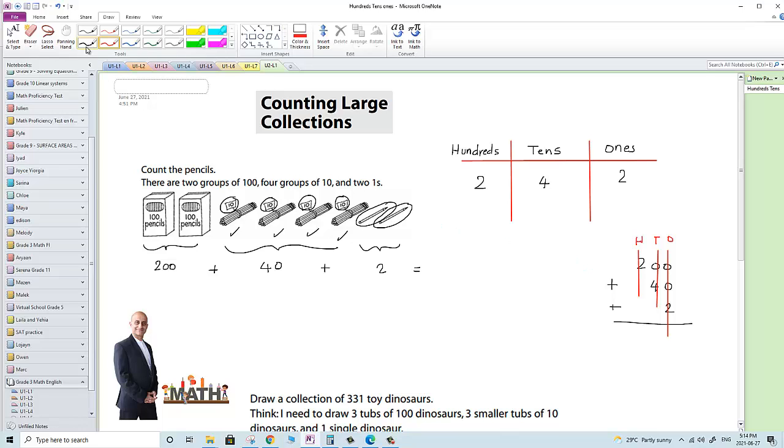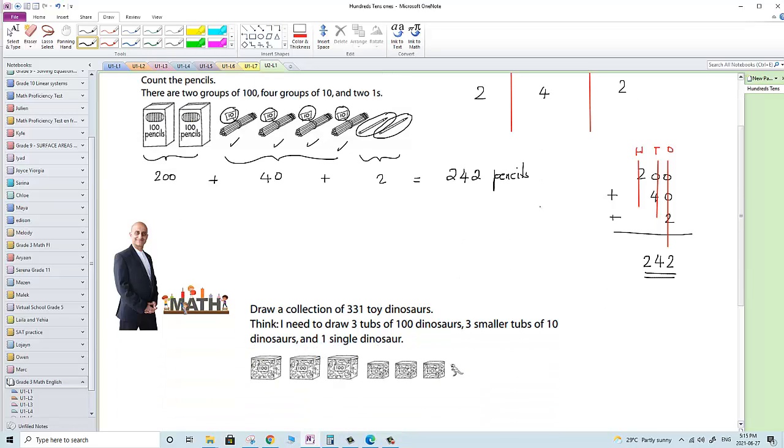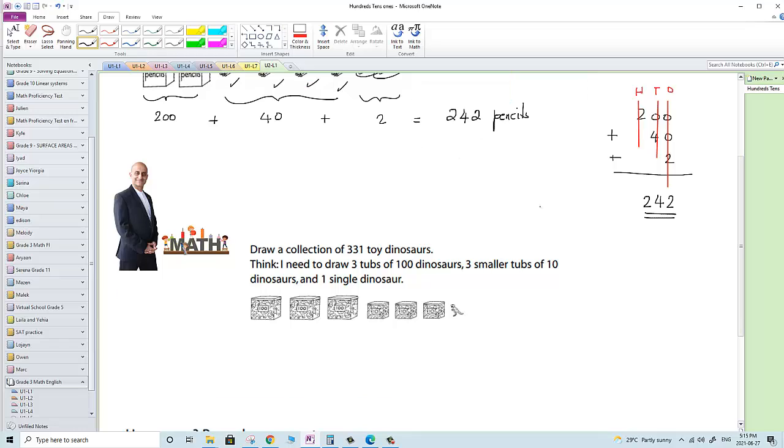So when I add now, 0 plus 0 plus 2 equals 2, 4 plus 0 equals 4, 2 plus nothing equals 2. So I have 242 pencils. And this is exactly the same number under the table, 2 hundreds, 4 tens, 2 ones, which means 242 pencils. Let's do the second one.